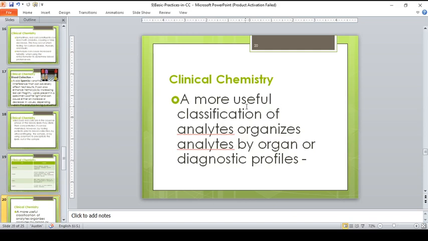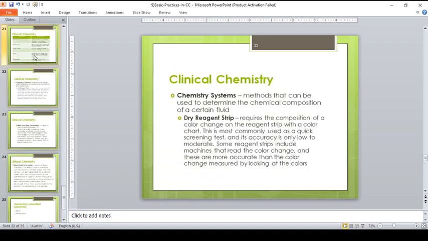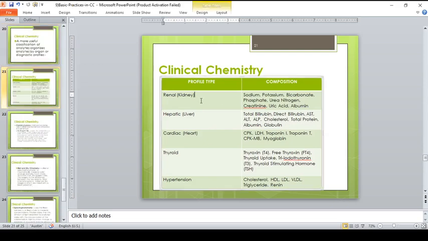A more useful classification of analytes organizes analytes by organ or diagnostic profile. So we have this one. Profile type, renal. These analytes may reflect the kidney function. Kaya nga, renal or kidney function test.